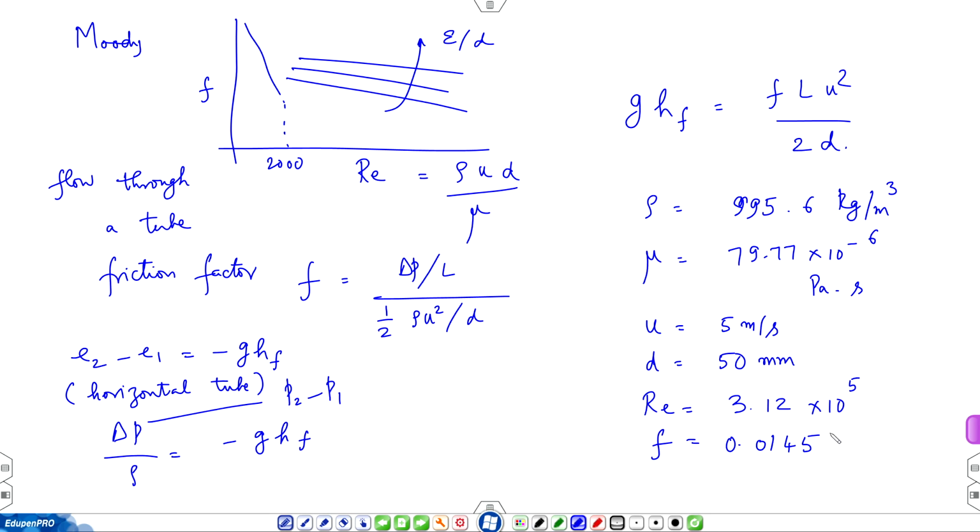So, these quantities, make sure that you get at least similar numbers. Reading that graph is not that easy, but try to get these numbers. So, the next time we will do more numerical problems, okay, using Moody's diagram.